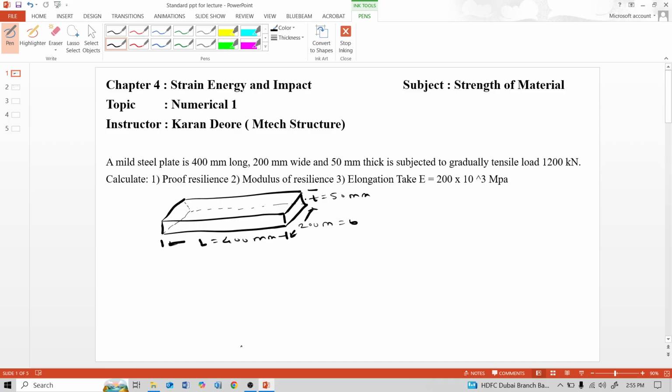So this is the given data: the plate and plate dimensions, and the acting load is a gradually applied tensile load. For that, use red color. This is 1200 kilonewton.